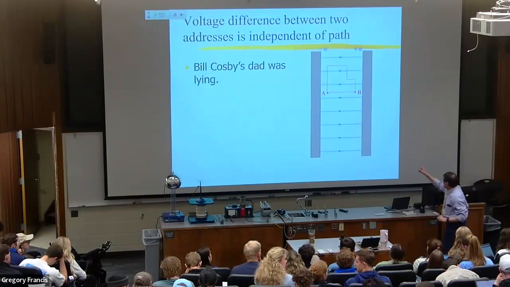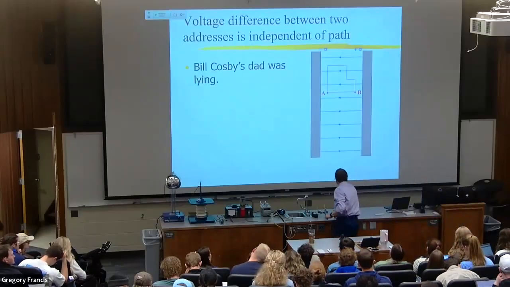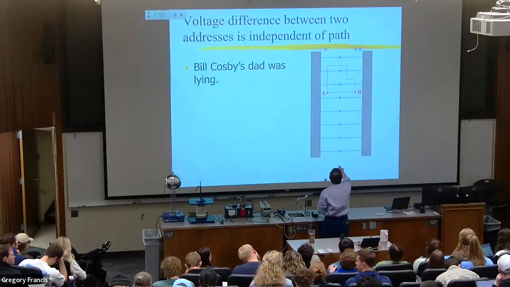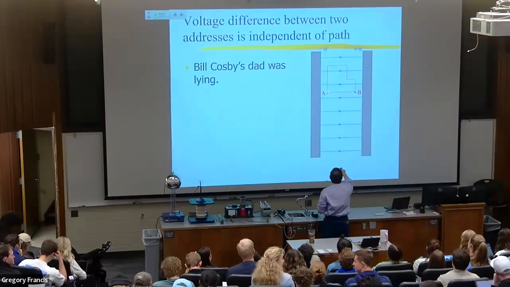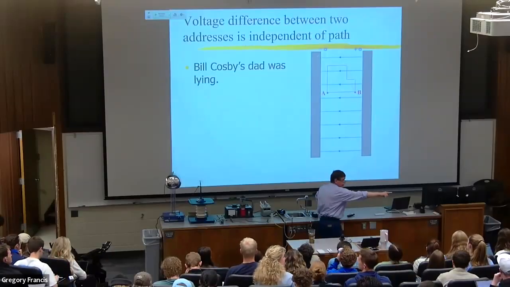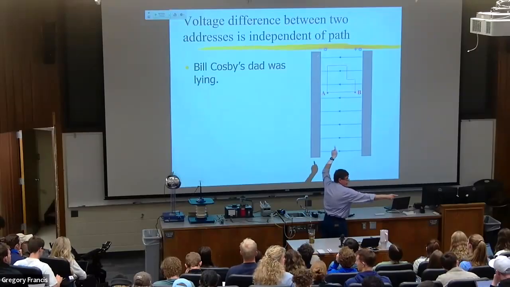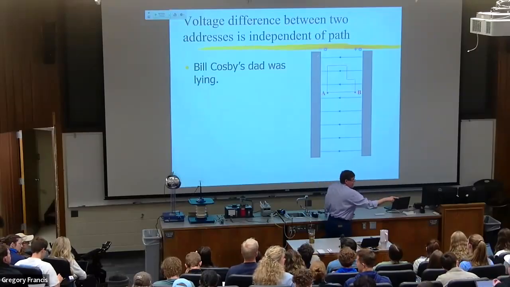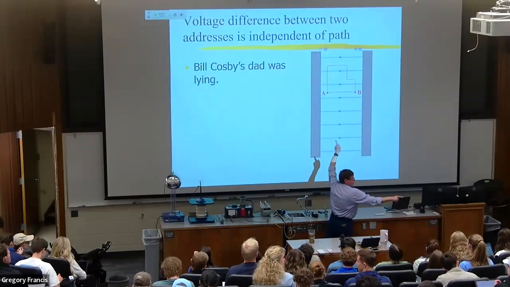Well, if we look at this path here, my displacement is up, and my push still has to be that way. I'm pushing to fight the electric field that way, and I'm moving it that way. So I'm doing no work.